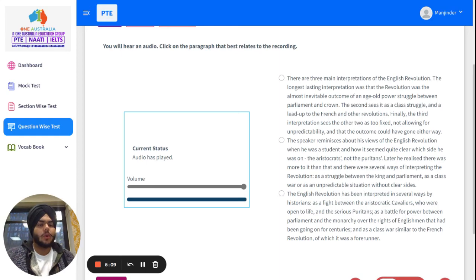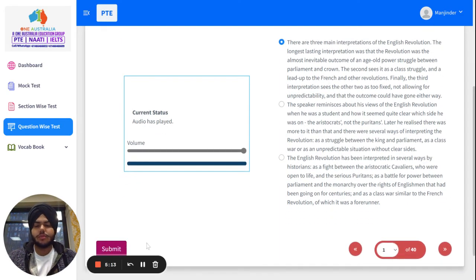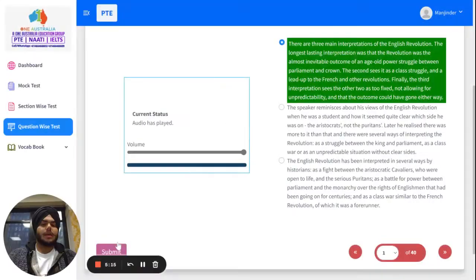This is the option that I will choose. Like I told you earlier, nothing would be left to assumption. In the second one it says that later he realized there was more to it. The speaker realized, but then he said the historians realized.